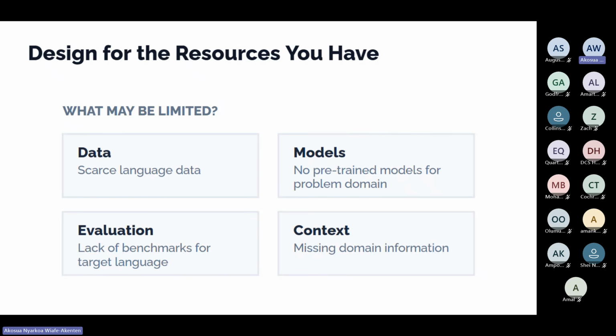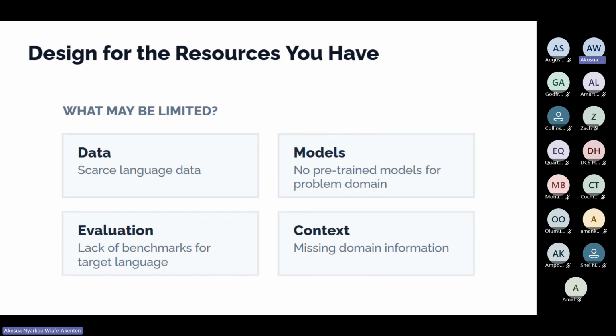The third one is evaluation, because how do you know the NLP system you've come out with is good enough for use? That is where evaluation comes in. Because the languages being considered for this hackathon are low resource, there's usually a lack of benchmarks for these languages, and you really need to consider that.